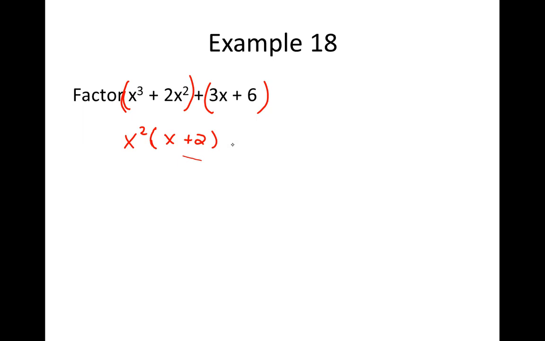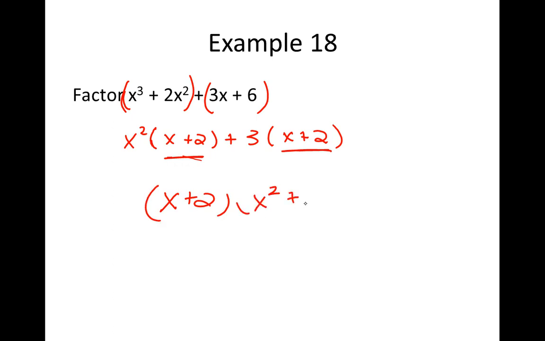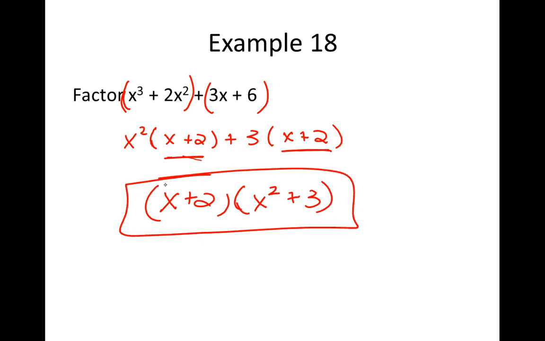Plus, I can pull out a 3 from the second group. I'm left with, well, isn't that nice? x plus 2. I can pull out the x plus 2. And I'm left with x squared plus 3. I can multiply that back out, and you should get what we started off with here.